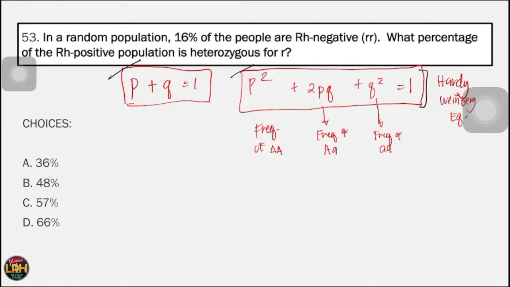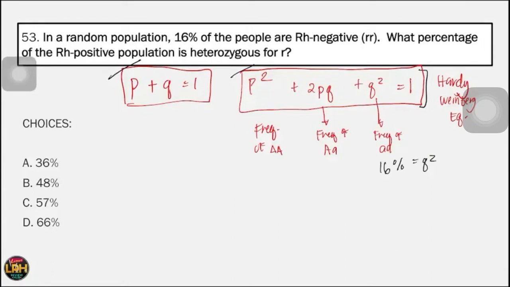What is given is 16%. So let us use this as the value of the frequency of the non-dominant allele. So 16% is equal to q squared.